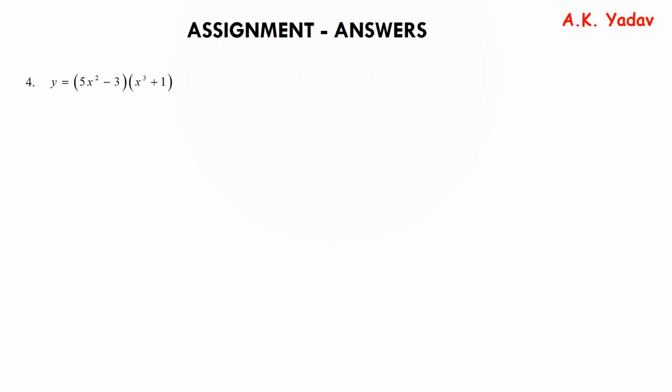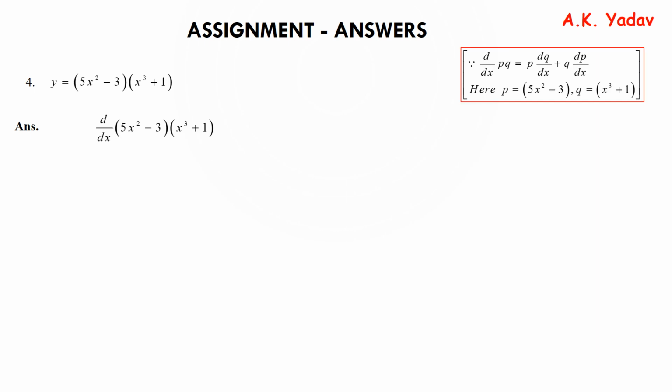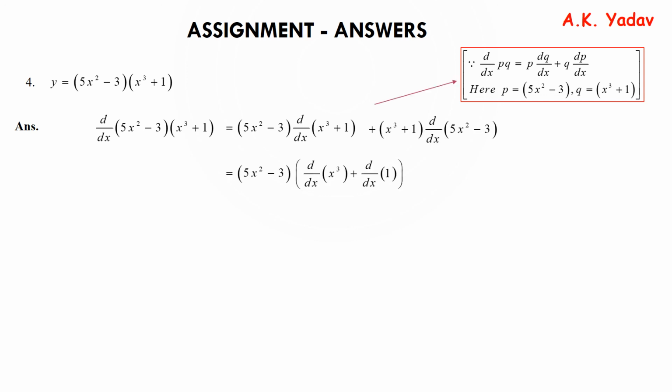The fourth one, this is using the product rule. So this is the product rule for you. Here p is 5x square minus 3 and q is x cube plus 1. So first p comes out and we differentiate q, plus q comes out and we differentiate p. Then we need to separate the terms in p, and we need to separate the terms of differentiation of q.